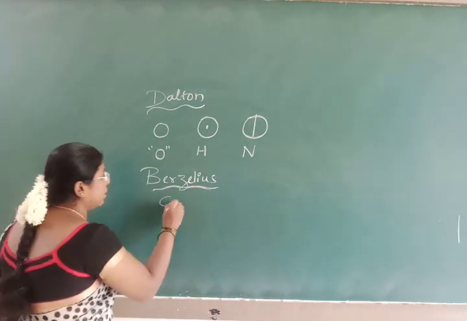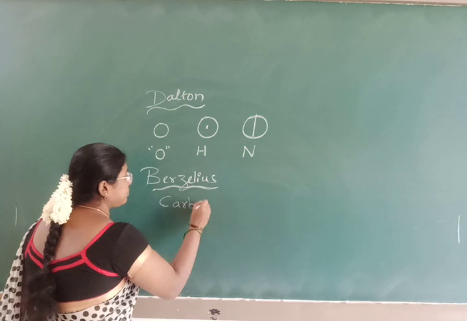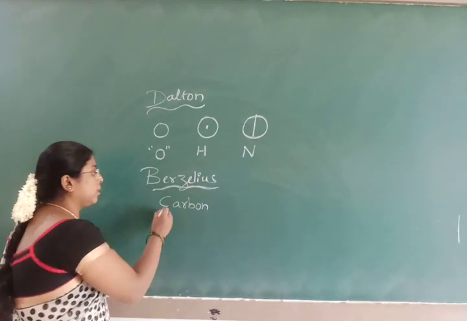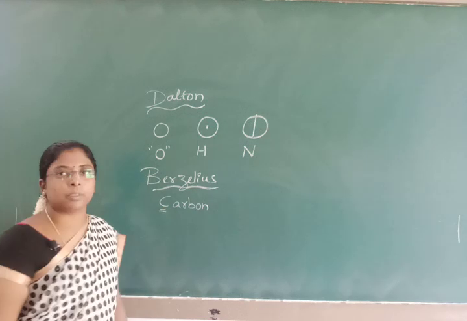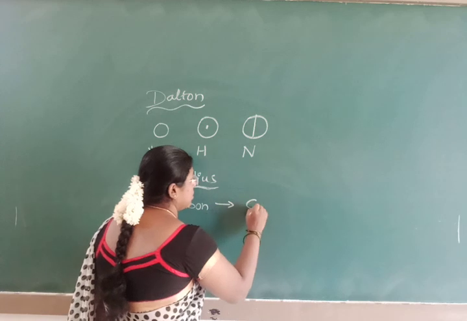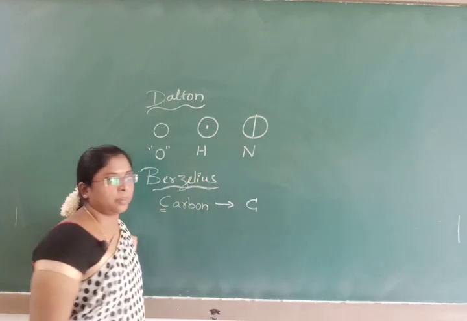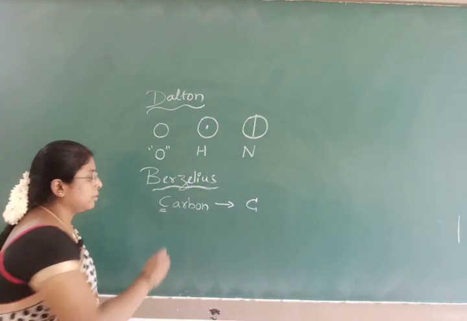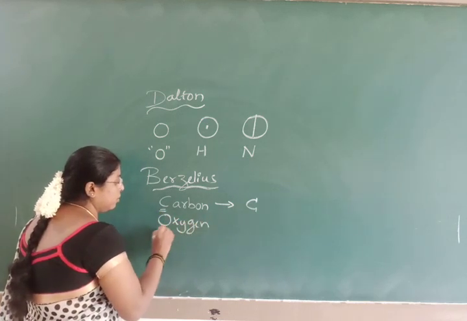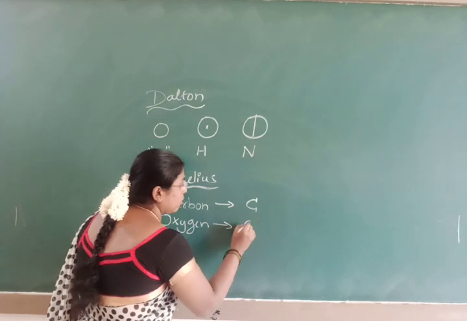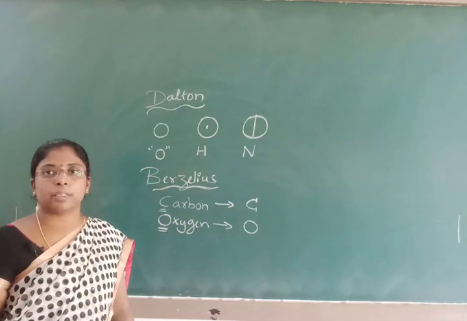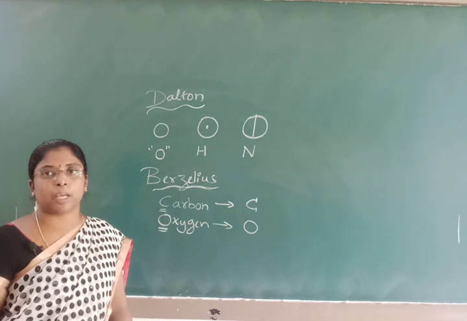For example, if I take carbon, the first letter of carbon is C. He represented the symbol for carbon as C. For oxygen, the first letter was O, so he gave the symbol for oxygen as capital O. We have to write these element symbols in capital letters.